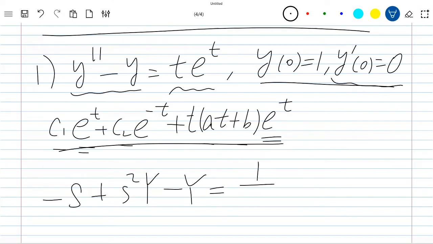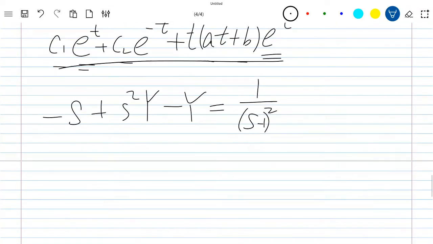T would give you 1 over s squared, and e to the t will give you the shift, so that's what you have, right? s minus 1 squared.